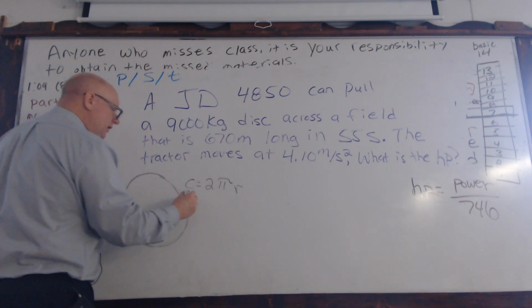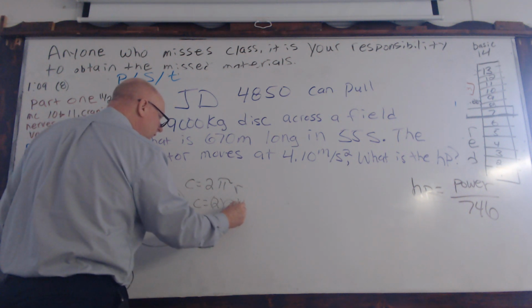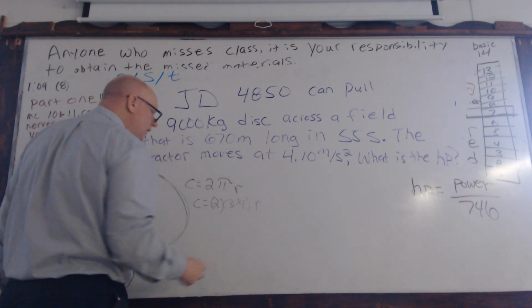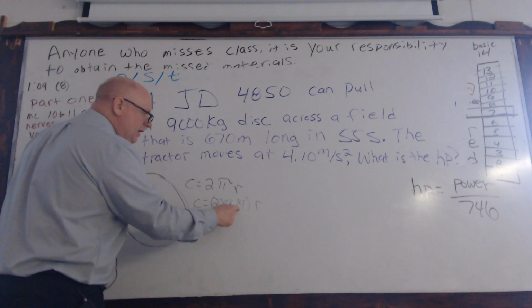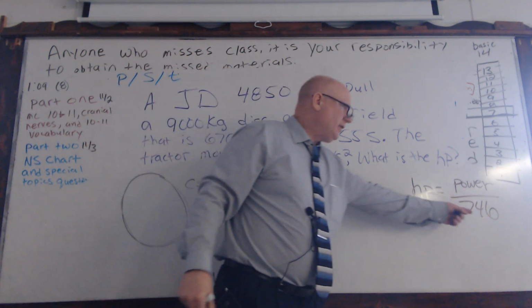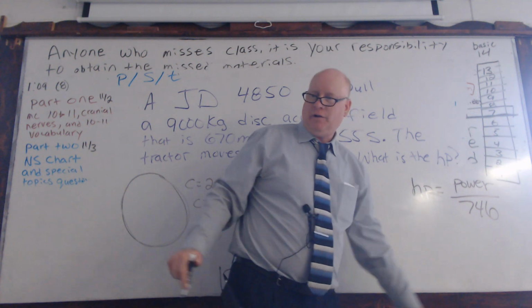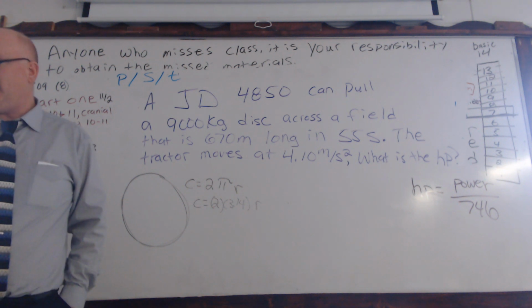So pi is a constant. In any circle, in any cylinder, in any cone, and in any sphere, you have to multiply by this constant at some point. 3.14 is a constant. 746 is also a constant. We're just trying to rationalize this and explain to you.